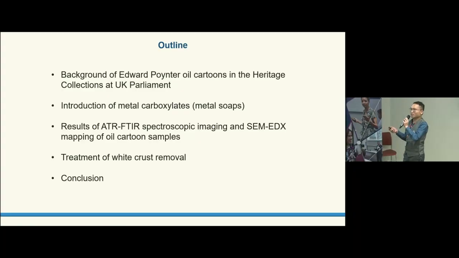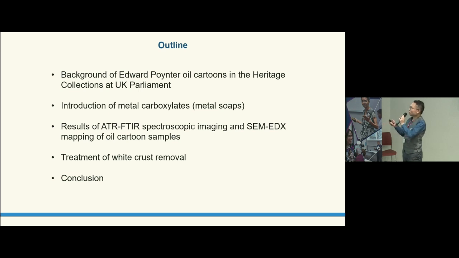So here on the slides, you can see an outline of my presentation. I'll begin with the background of the painting, and then I'll introduce a type of very common degradation products called metal carboxylates or metal soaps, which is highly associated with the white crust issue.